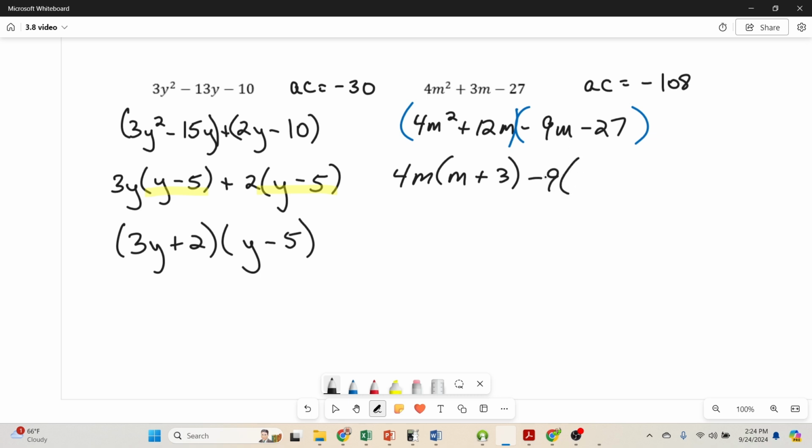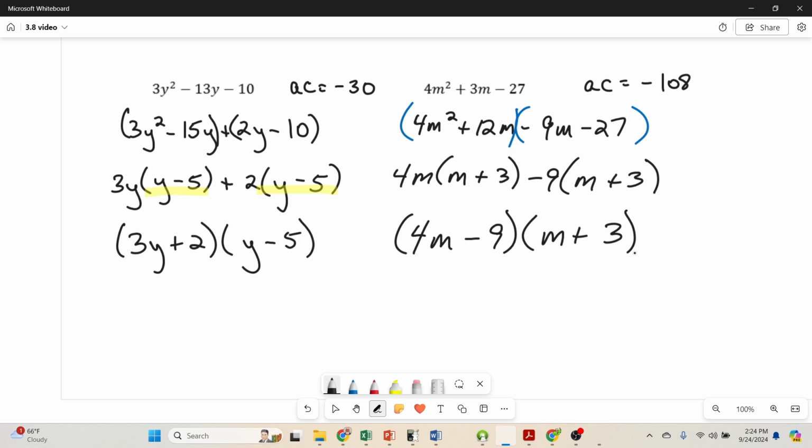So negative 9m divided by negative 9 is positive m. Negative 27 divided by negative 9 is 3. So now we can combine this and end up with 4m minus 9 times m plus 3.